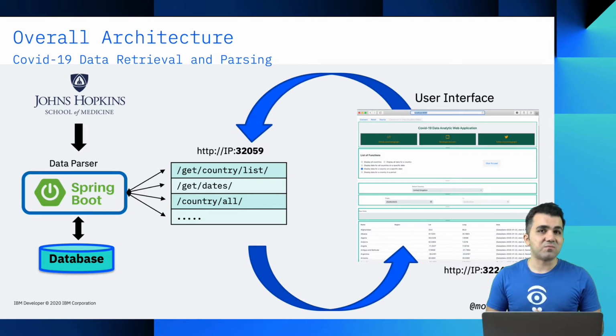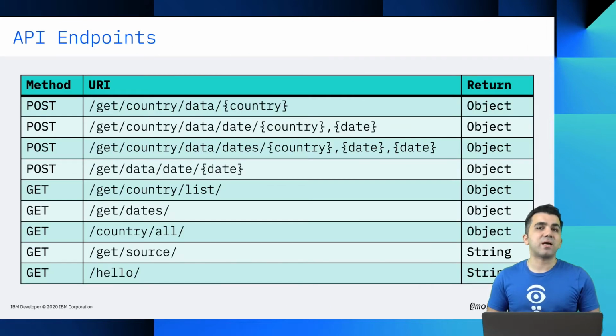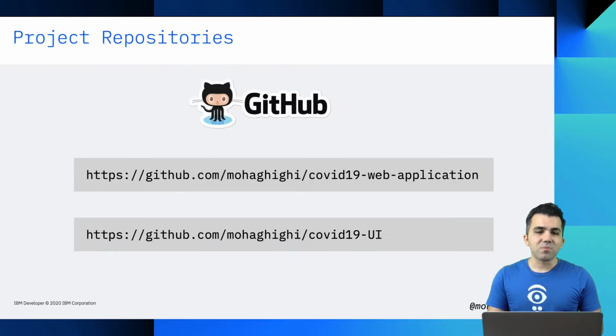Data is fetched from Johns Hopkins University's repo, which is an authentic source of COVID-19 data, and then stored in our local data repository, or JPA, as we will go through that later. Here's a list of sample API endpoints, as we will test them out shortly. Both applications are fully open source and can be accessed with full instructions on my Git repos.